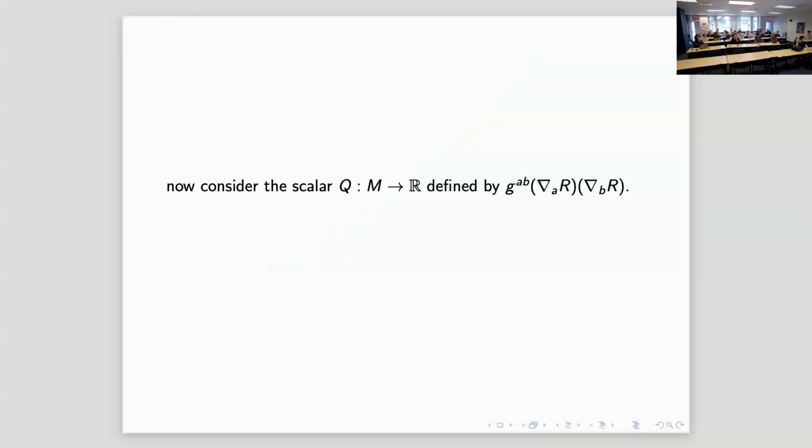Okay, so now we do a similar thing, but with a different invariant curvature scalar field. We define this new guy, I'm going to call it Q, like this. We take the covariant derivative of R twice and use the inverse metric to form a scalar field. And then when you work out the details, you can show that this Q comes out as this.